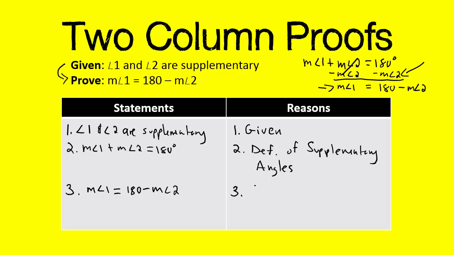So what I'm going to put for my reason is the subtraction property of equality. So I'm going to put down subtraction property of equality. And that's how you write a two-column proof.